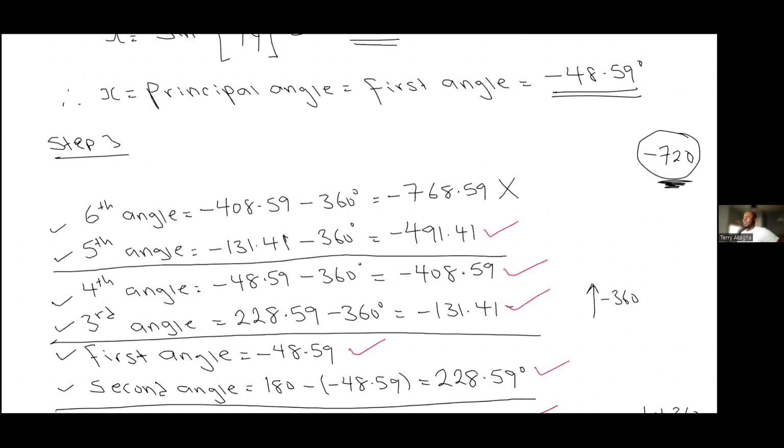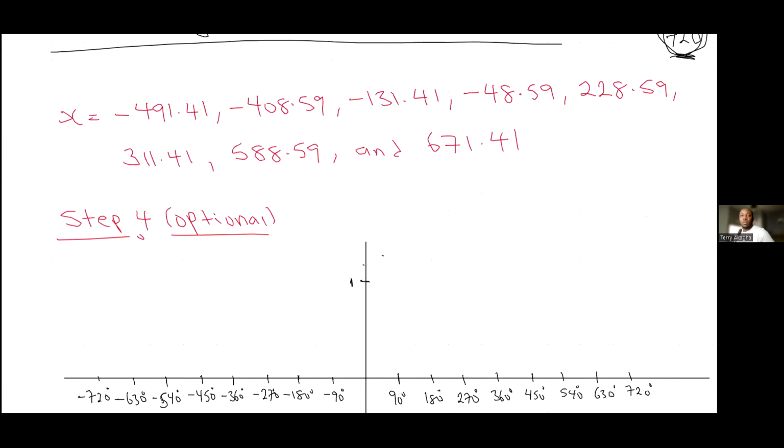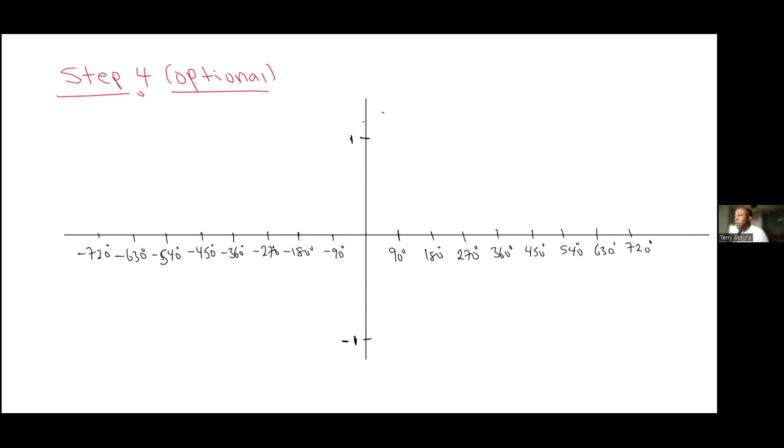Okay, so if you remember what I taught you for the sine graph, it starts from 0, then goes all the way to 90, comes back to 180, then goes to 270, okay, goes back to 360, then goes back up to 1, okay, then comes back to 0. So it's a wave.